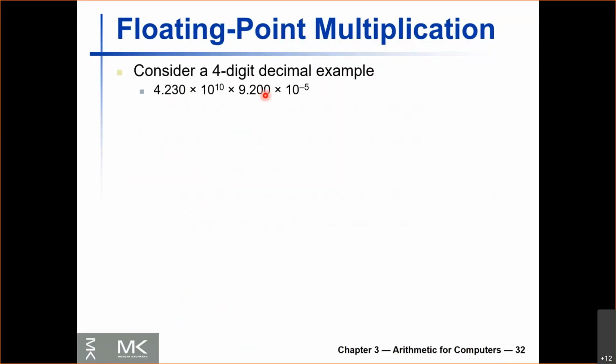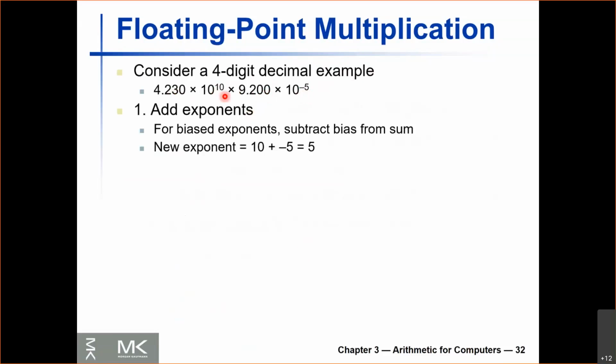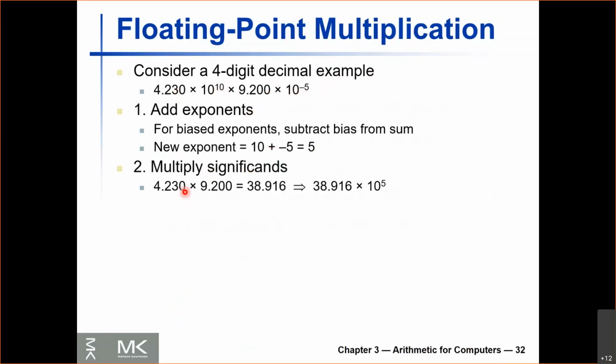No, we don't align. What do we do? Right, exactly. We just add the exponents and multiply the significands. So in decimal, we add the exponents. Here 10 plus -5 becomes 5. That's our new exponent. We multiply the significands. So 4.23 times 9.2 is 38.916. So now our result is 38.916 times 10 to the 5.